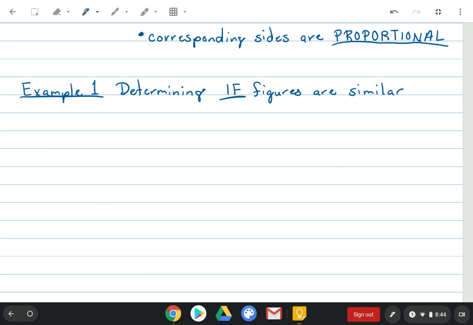Okay, so basically if we want to determine if figures are similar, the first thing we're going to do is write ratios.